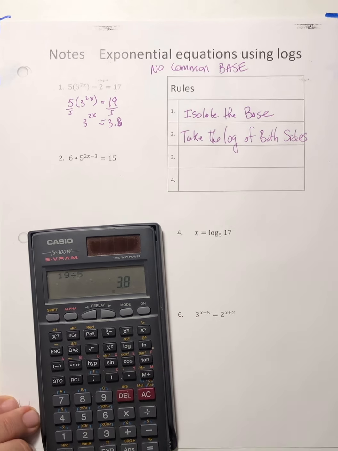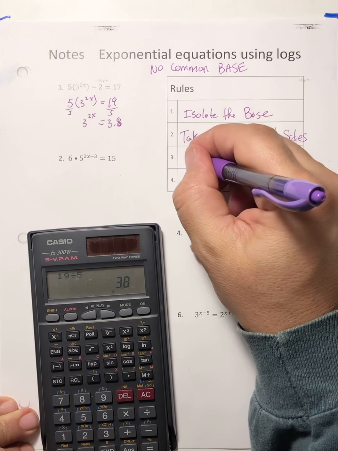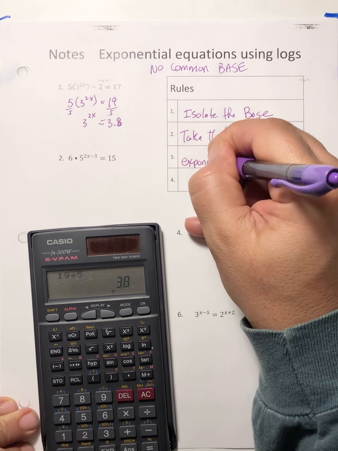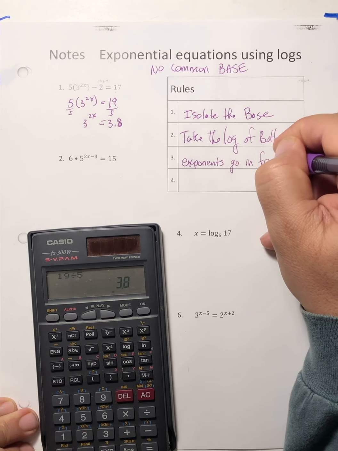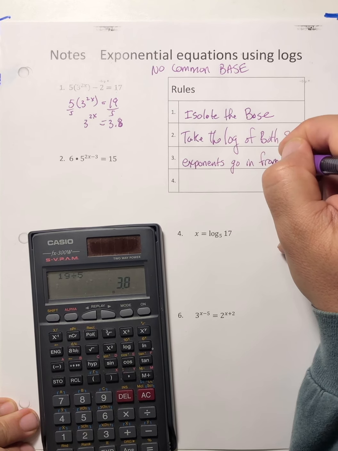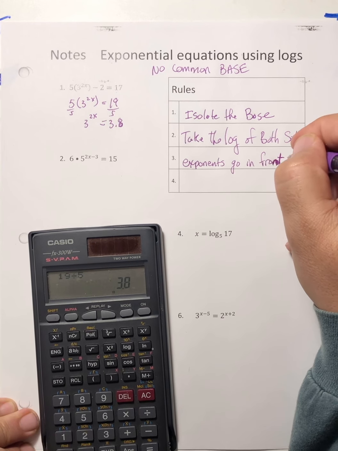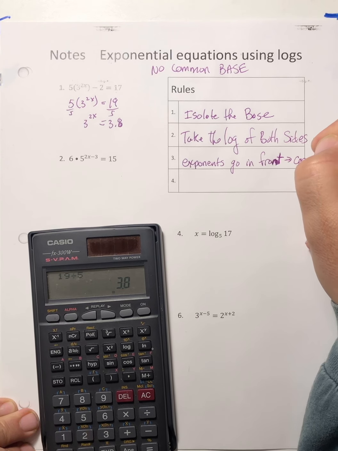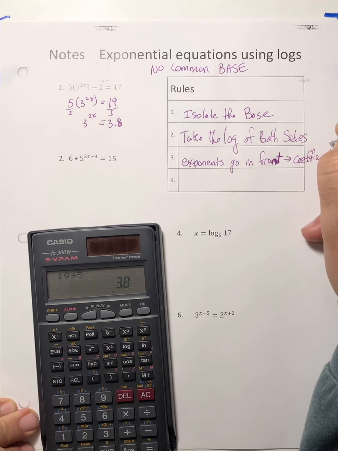Then once we take the log of both sides, we have a rule: exponents go in front. In front. Okay, they become coefficients. All right, and we solve.